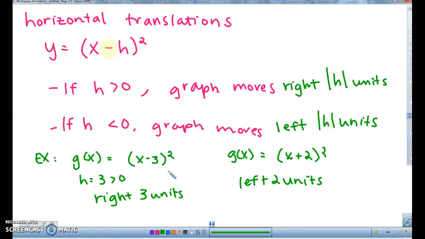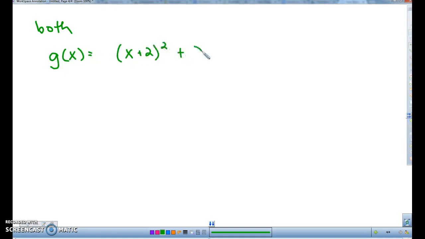Okay? Sometimes it can move both up and down and horizontally. And what that will look like is, let's say, for example, we have g of x equals x plus 2 quantity squared plus 3. So I can do it in any order I need to. I see that plus 3 tacked on, so that it gives me an up 3 units.